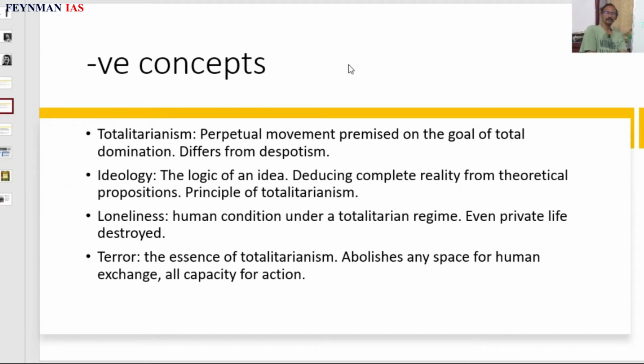The total domination, first of all, it is a perpetual movement. It is supposed to be dynamic, and total domination. In this total domination, there is nothing like private. Private and public distinction is not there. There is no civic society.